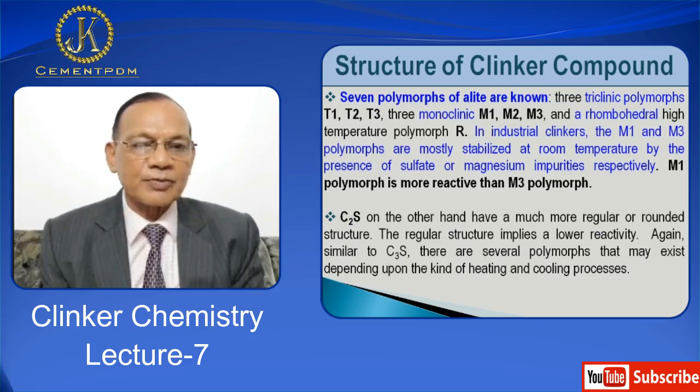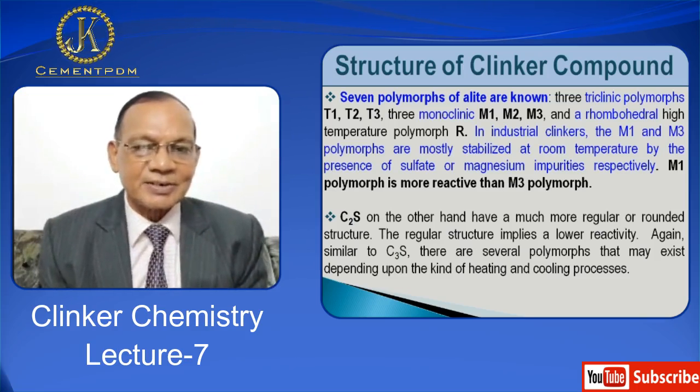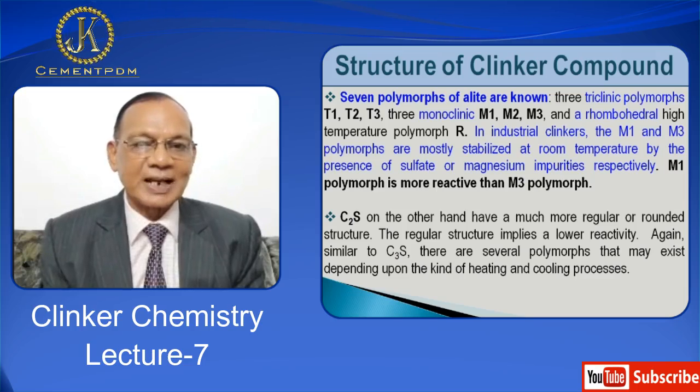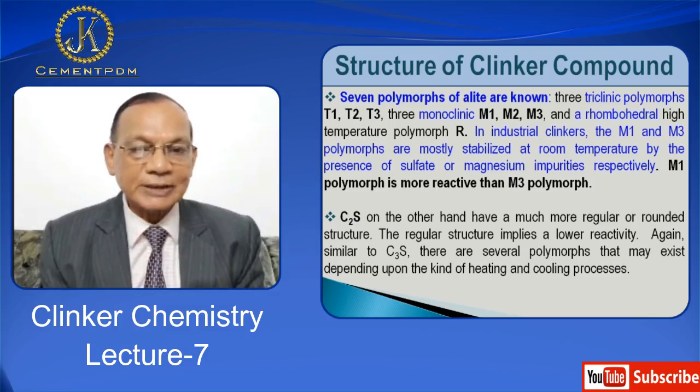M1 polymorph is more reactive than M3 polymorph. That we must understand. And it is a very important aspect to know that M1 polymorph is more reactive than M3 polymorph, and this has implications in industrial clinker. C2S, on the other hand, has a much more regular or rounded structure.